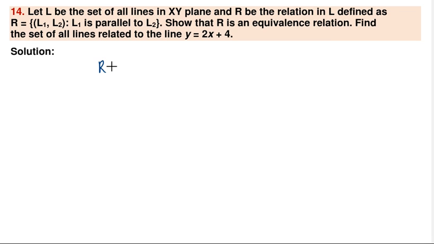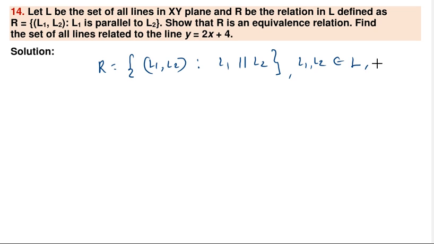So the relation R has the representative element (L1, L2) where L1 is parallel to L2, and L1, L2 are members of the set L, a collection of lines in a plane.